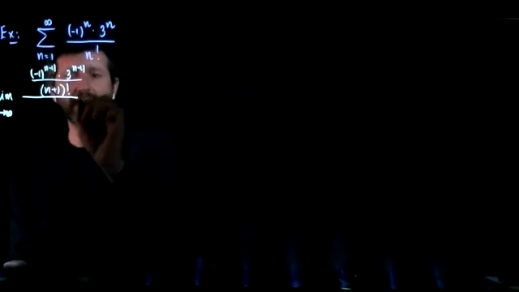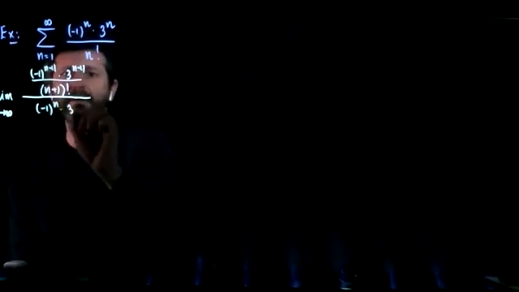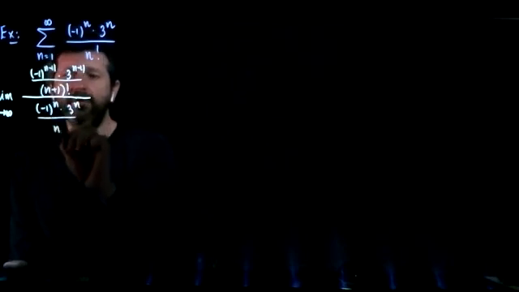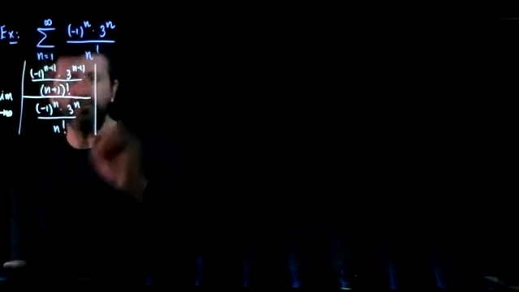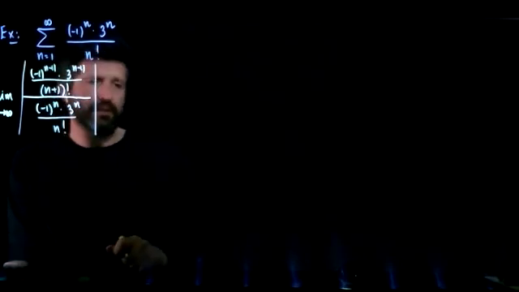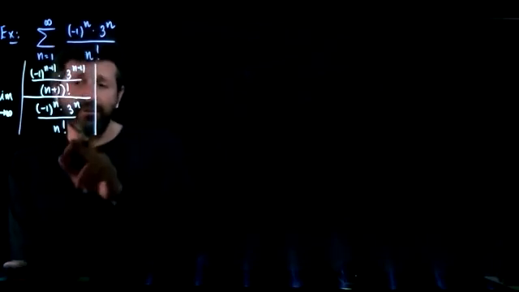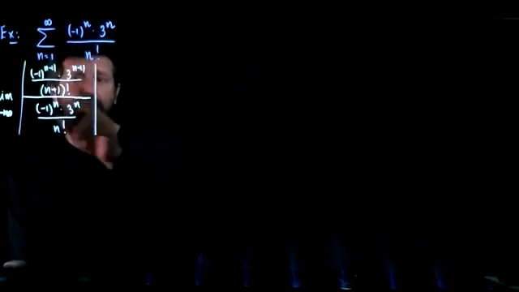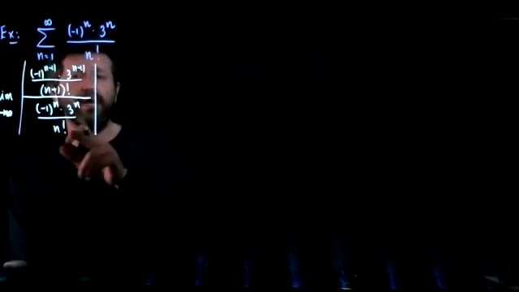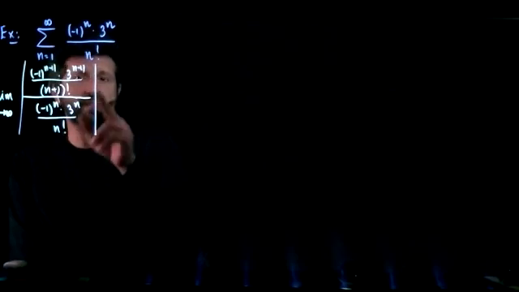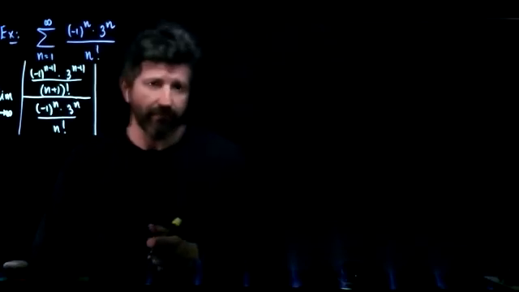Okay, that's a_(n+1) over a_n, which is -1 power n, 3 power n over n factorial. And all this, of course, in absolute value. I have to evaluate this limit as n approaches infinity. If this limit gives me a value that is less than 1, the series converges. If it's greater than 1, it diverges. If it's equal to 1, I have to do another test. Okay, that's the idea.